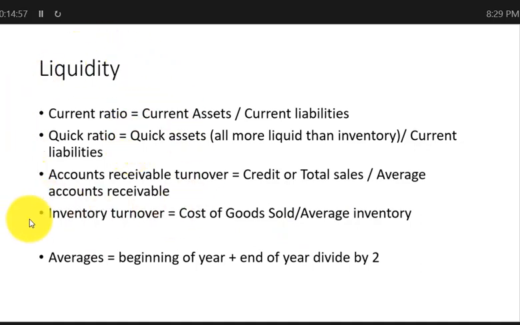All of these talk about how easy it is to pay our bills, because our accounts receivable turn into cash, right? We collect the money from our customers so that we can pay our bills. We sell the inventory, collect from customers so that it turns into cash and we pay the bills.